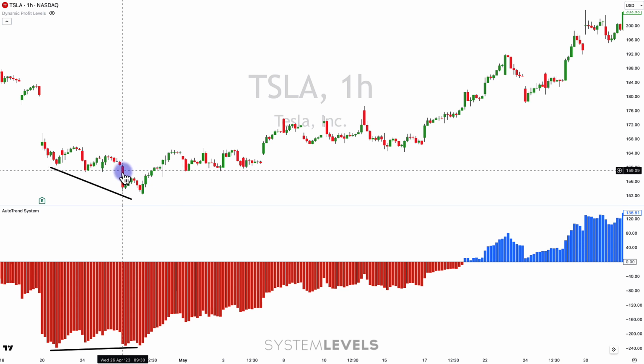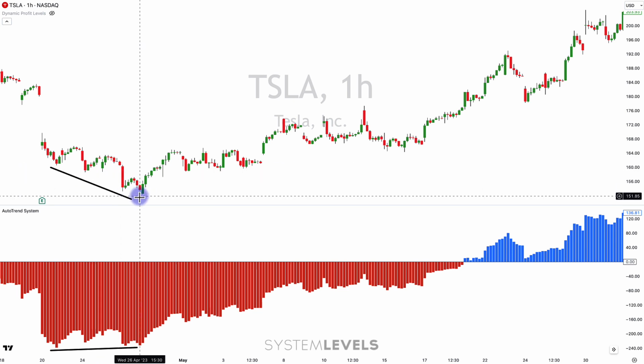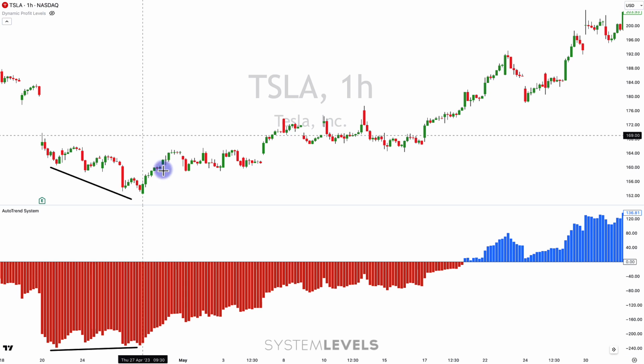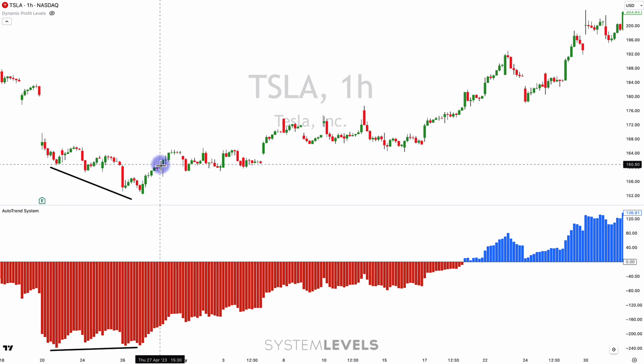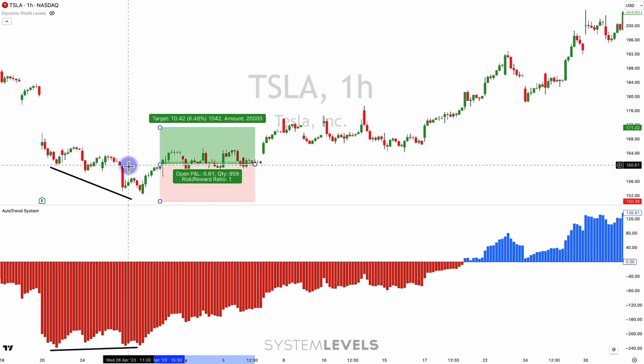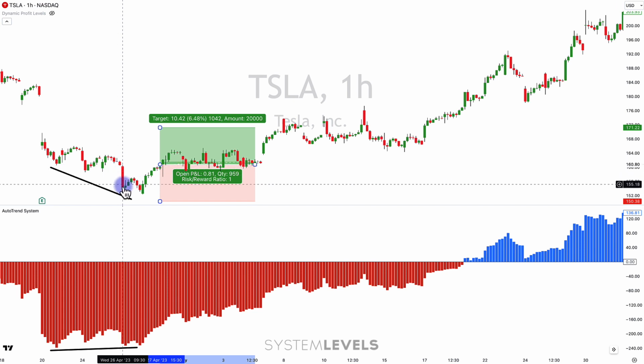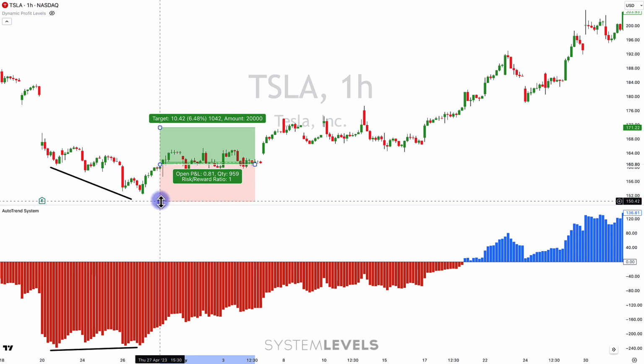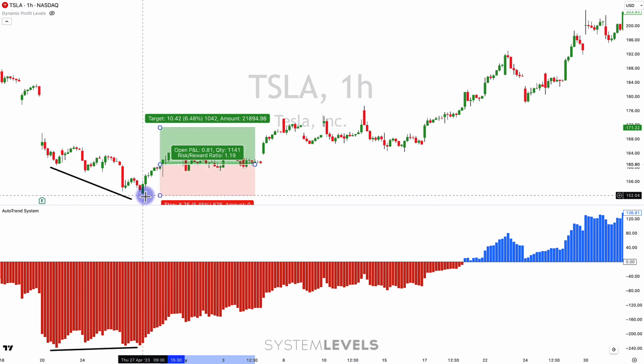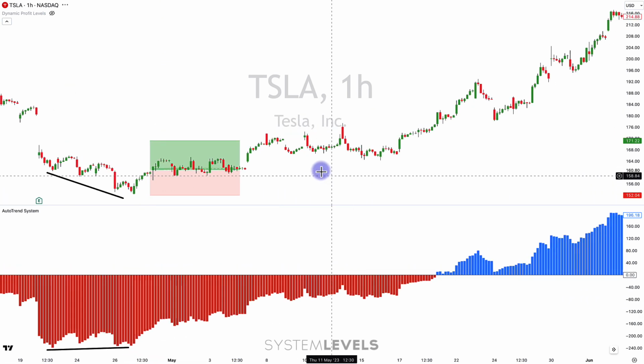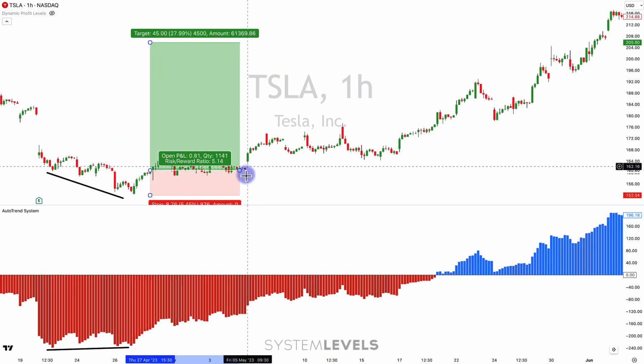So your entry can very well go just above this red candle here, and your stop loss can go just below the lows. So your trade will look something like this. When this candle breaks above the one that created the divergence, you can enter long here, place your stop just below the prior swing low, and off you go from that point on.